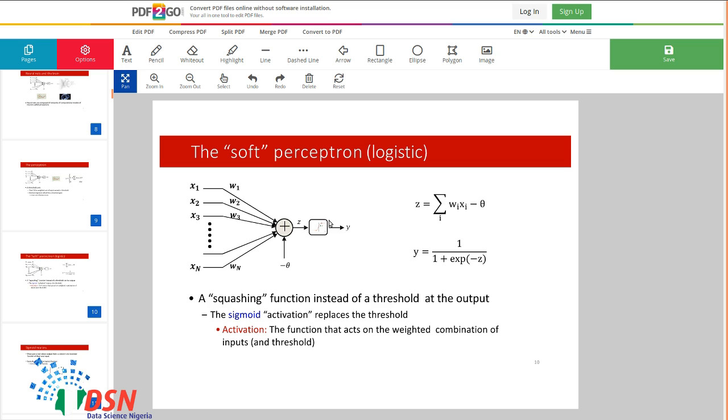In soft perceptron, the neuron activation function is smoother than the perceptron. When we have this function, this is not actually really good, especially in mathematics.